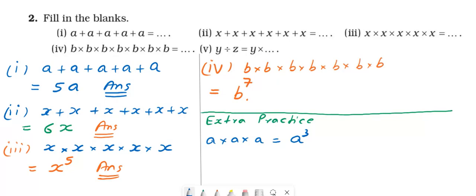If a is multiplied 4 times, then a raised to the power 4. This is the rule. The number of times it is multiplied is put in the power. Okay, now we are switching to the next question.